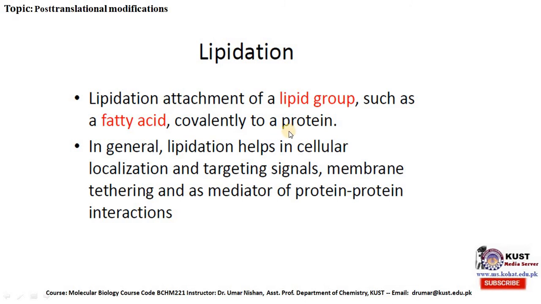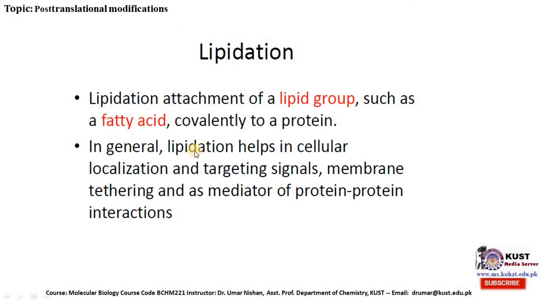Normally, in the process of translation, we have only a polypeptide sequence that consists of only amino acids, but in case lipoproteins are formed, lipidation is done. This is a form of post-translational modification.